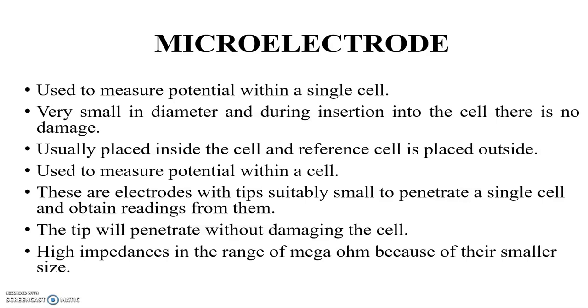These are electrodes with tips suitably small to penetrate a single cell and obtain readings from it. The tip penetrates without damaging the cell. It has a high impedance, in the range of megohms, because of its small size.